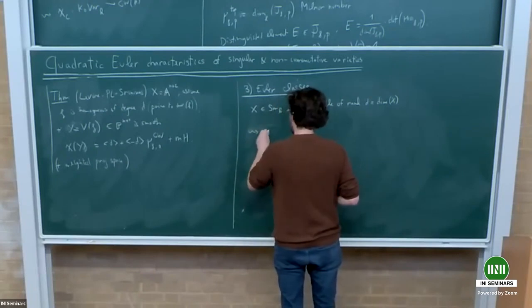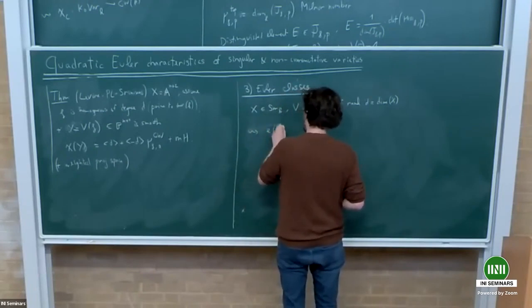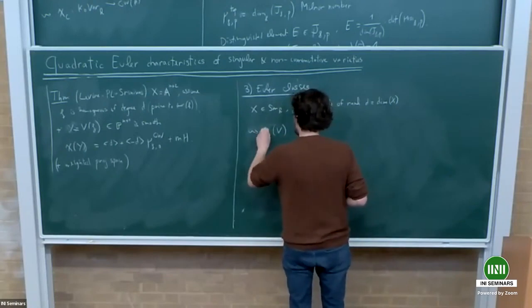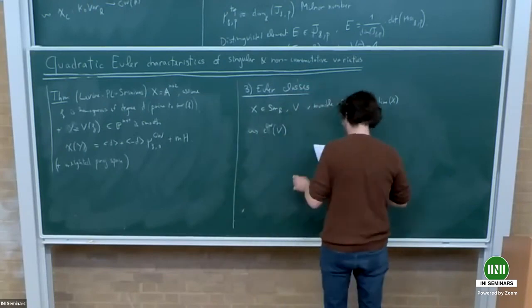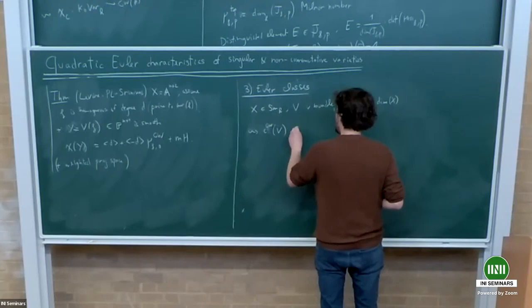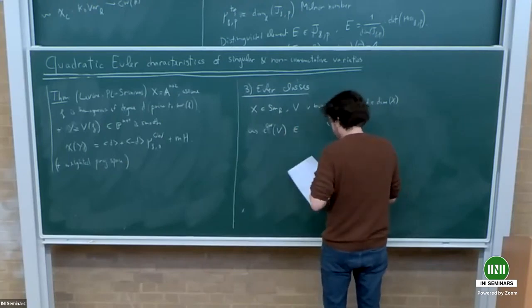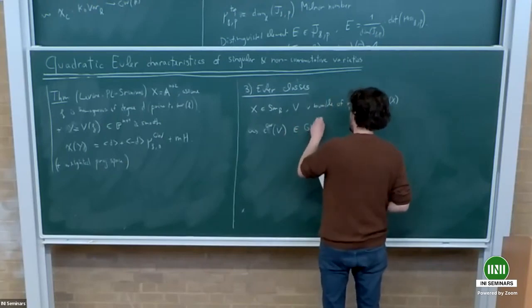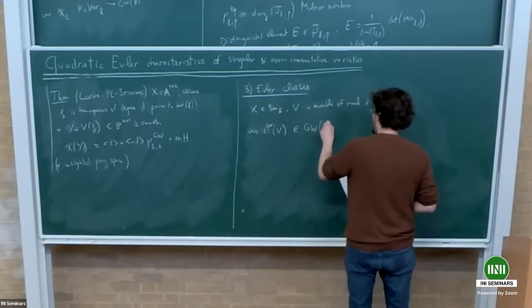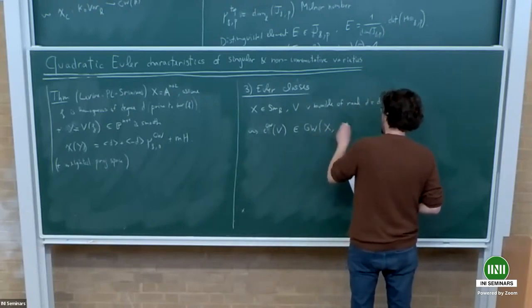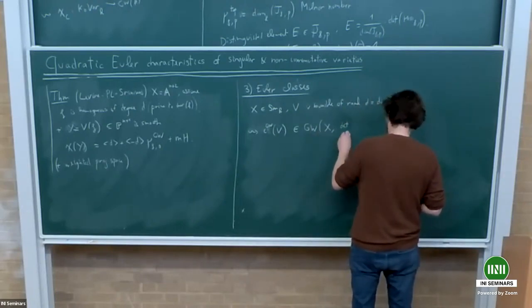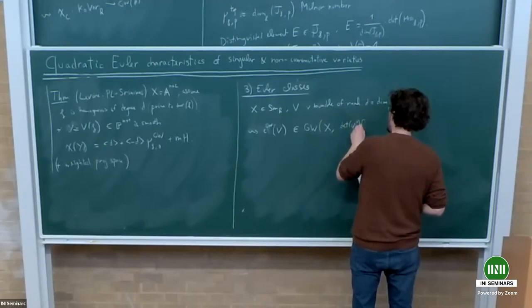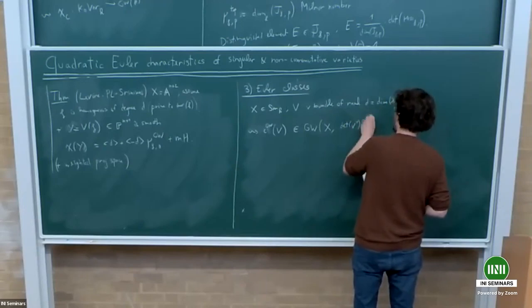Then there's an Euler class. I'm going to put a decoration so it's not too confusing. Now this is not a class over the base field, of course. It lives over a similar group, which is not a ring in general, which lives on X and is twisted by a line bundle, in fact a shifted line bundle.